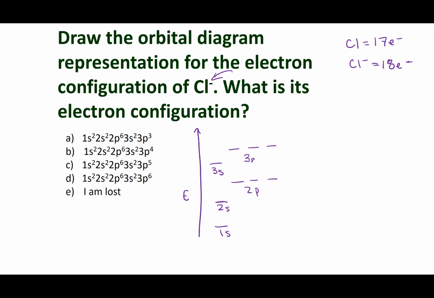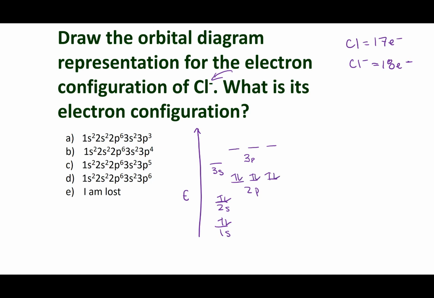So I'm going to start with Aufbau's principle and start from the bottom. I'm going to use Pauli's exclusion principle and only put 2 electrons in each orbital. So I got my first 4. When I get to the 2p, I'm going to follow Hund's rule. First, I'm going to spread them out, and then after I spread them out, I'm going to pair them up.